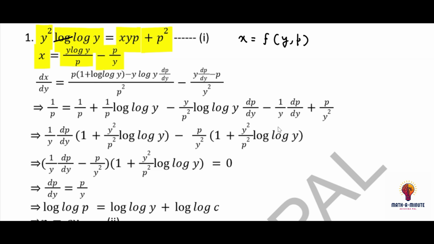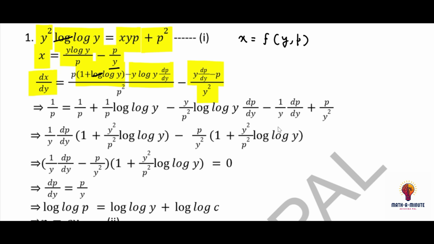Now, if we differentiate this equation with respect to y, it will be dx/dy equals to, it's basically the u by v rule, so it will be (p(1 + log y) minus y log y dp/dy) divided by p squared. And if I differentiate the last term with respect to y, it will be (y dp/dy minus p) divided by y squared.